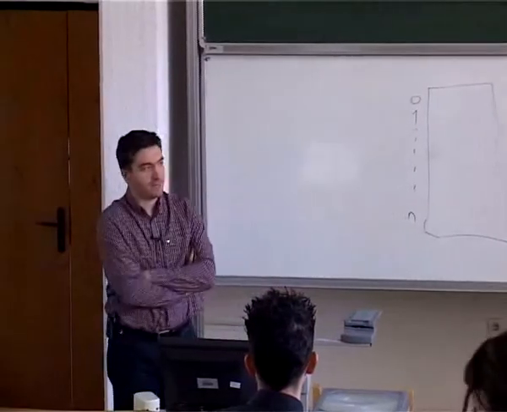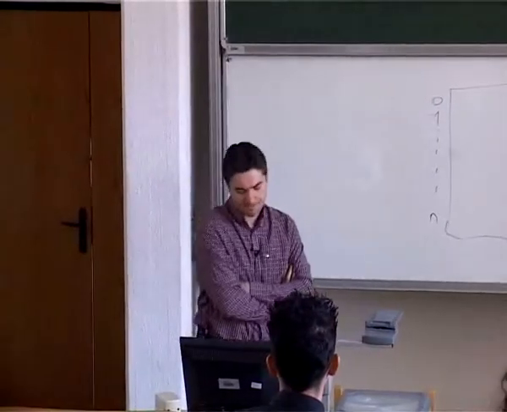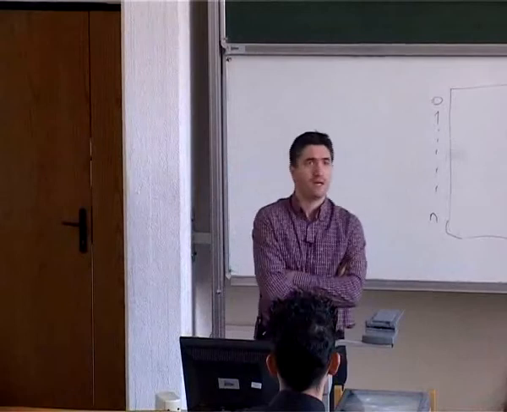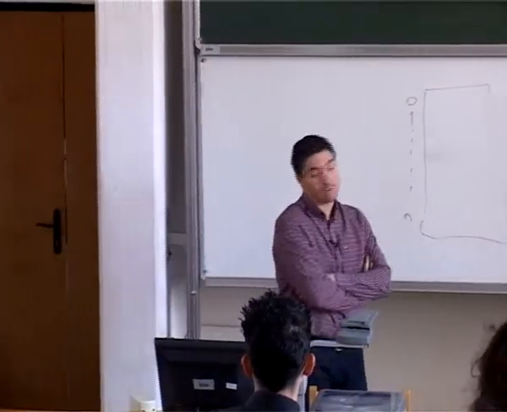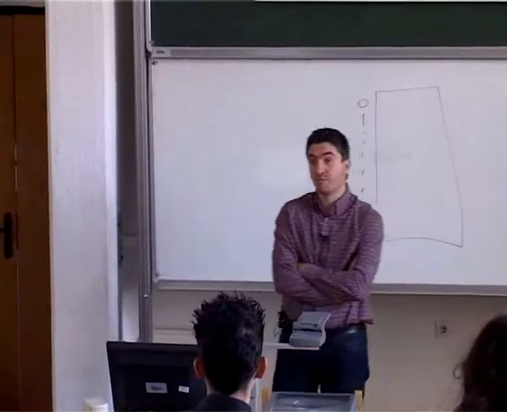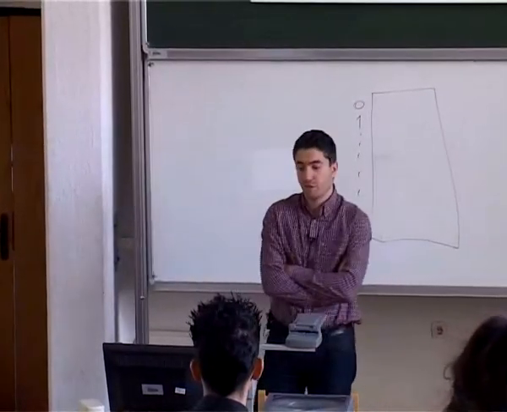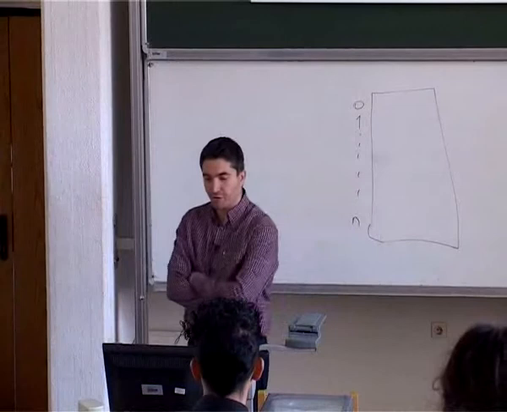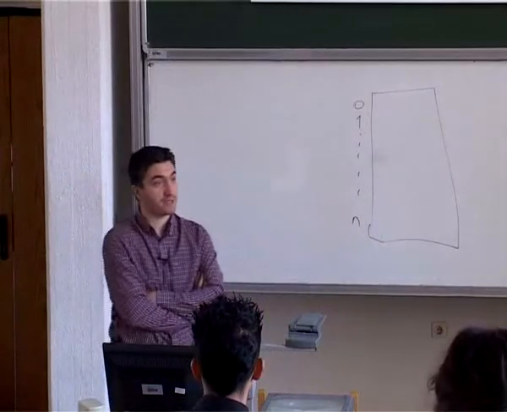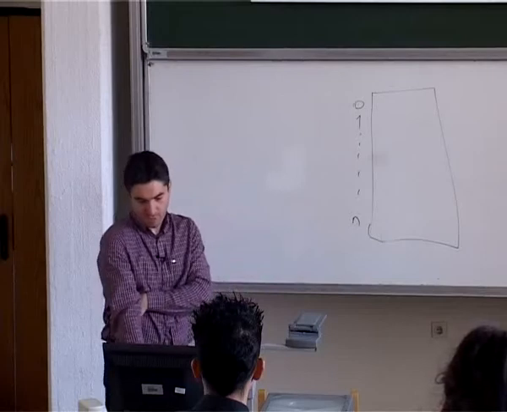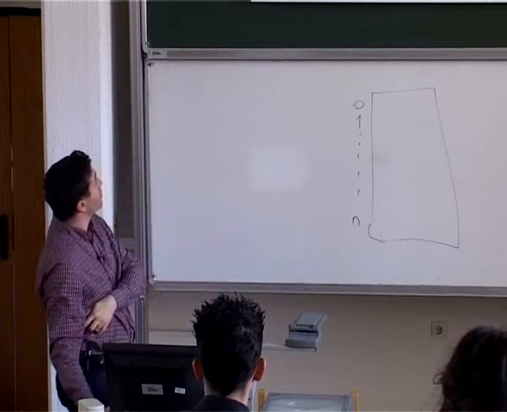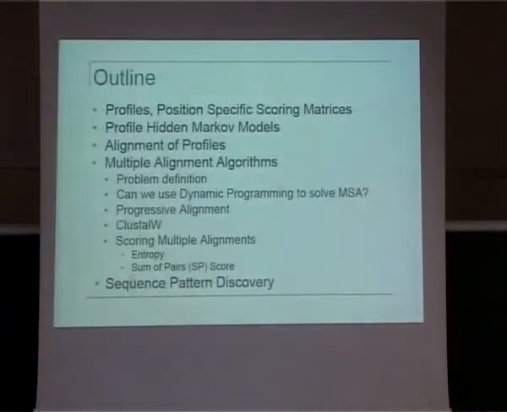We are going to see patterns and profiles, profile hidden Markov models, and the multiple alignment problem, which is NP-complete. We are going to see some heuristics that are proposed to solve this problem. Okay, so this is the outline of what we are going to see within these 2 weeks.